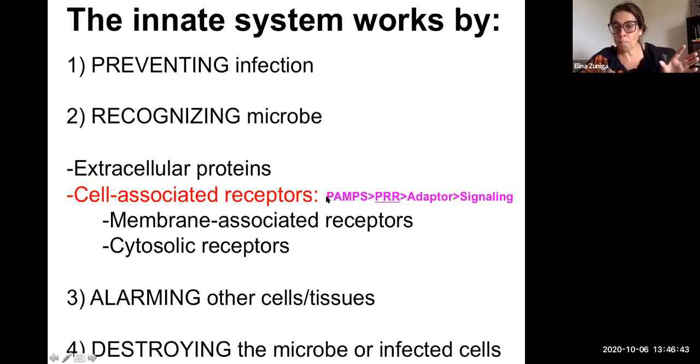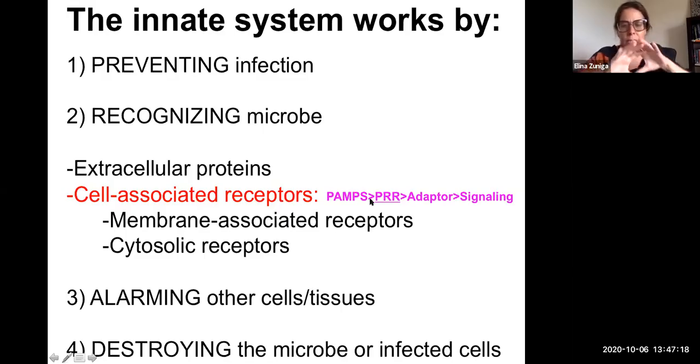So it is always a PAMP, a feature or pattern in the pathogen, that will bind to these pathogen recognition receptors, PRRs, and then via an adaptor protein will induce intracellular signaling that leads ultimately to production of factors that will either alarm or destroy.